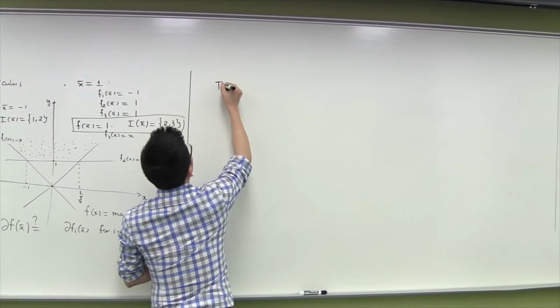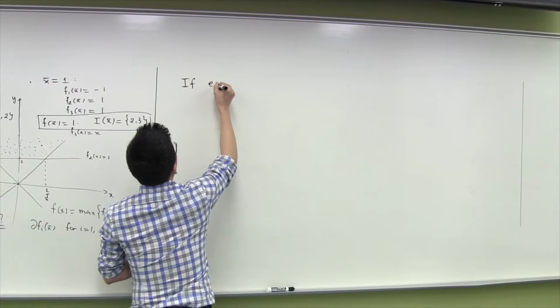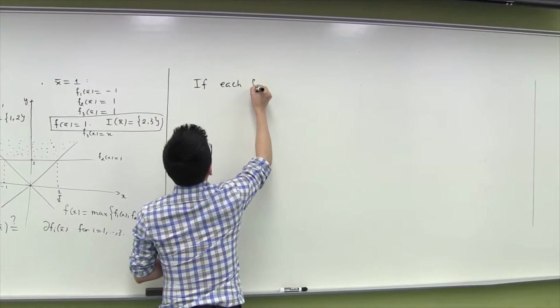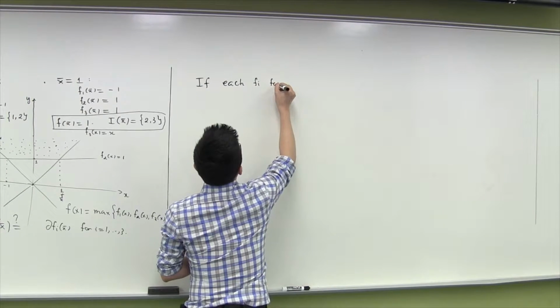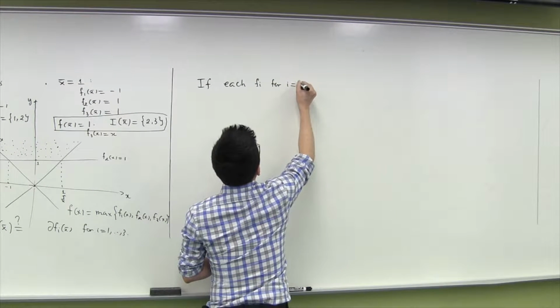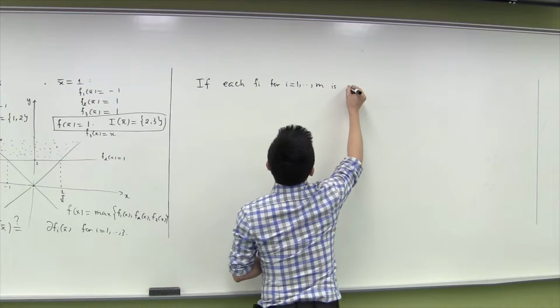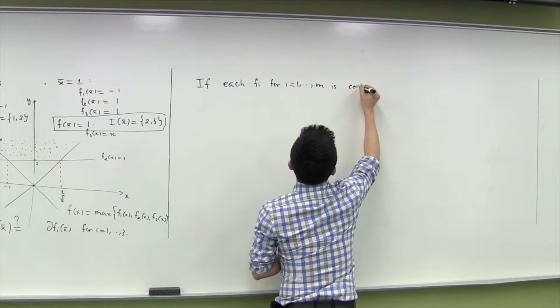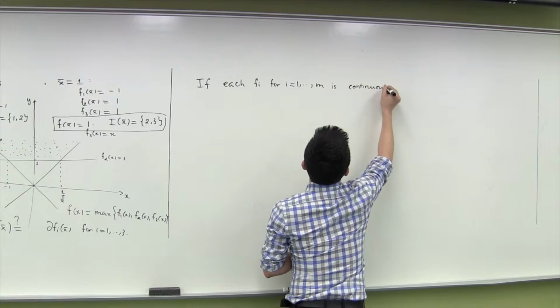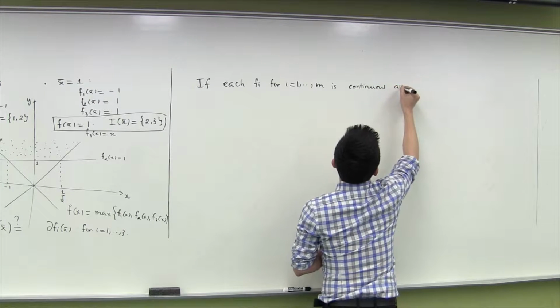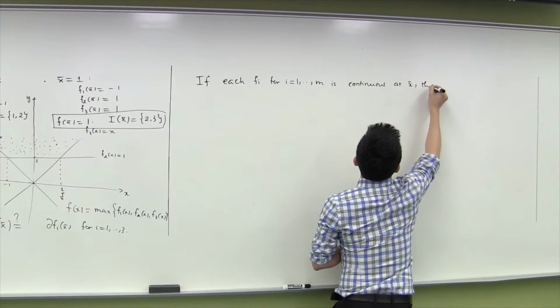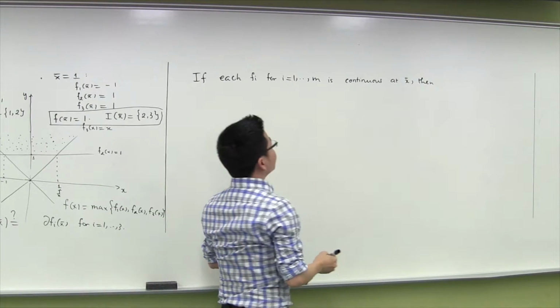If each fi for i from 1 to m is continuous at x bar, then we have the following.